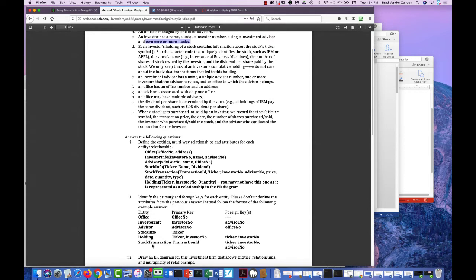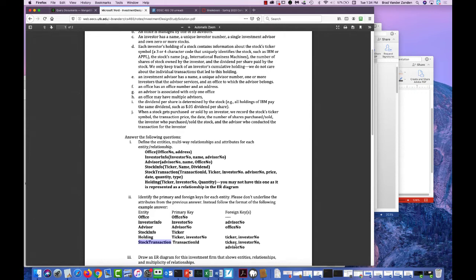Sometimes you could have an entity that has more than one foreign key, and in that case, it would be 2 separate relationships. But here, I've really hammered home, stock transaction is a relationship. It is not an entity. Therefore, when I have 3 foreign keys, it's a tertiary.